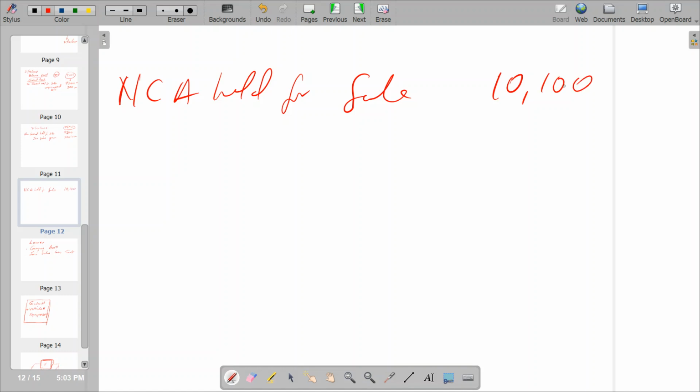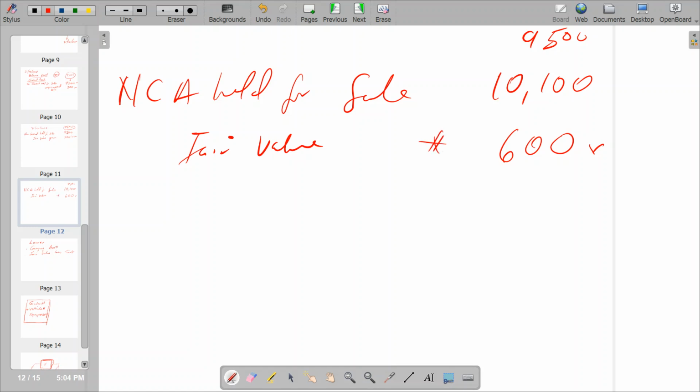It will be 10,100, and then we'll compare it to the initial amount. So now you can see there's a gain of how much? There's a gain of 600. So this minus this is 600. So this will be our gain, but there's one limitation.